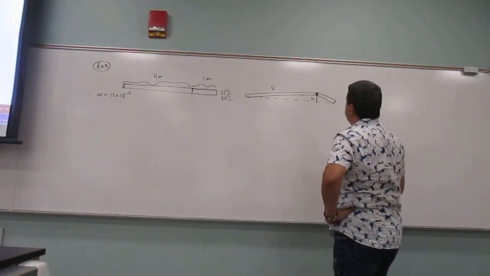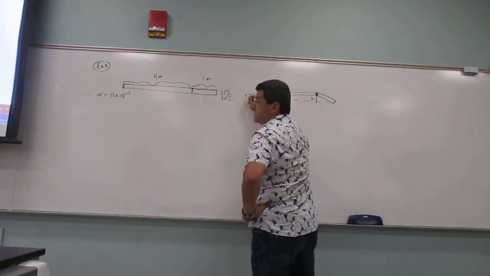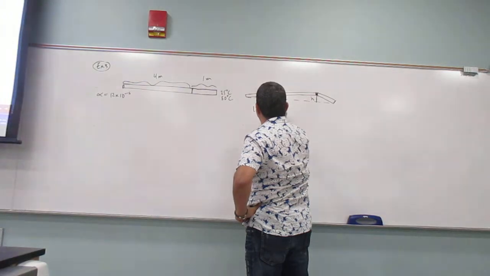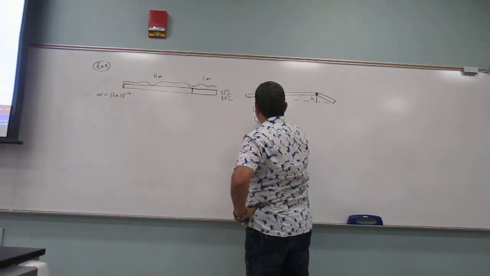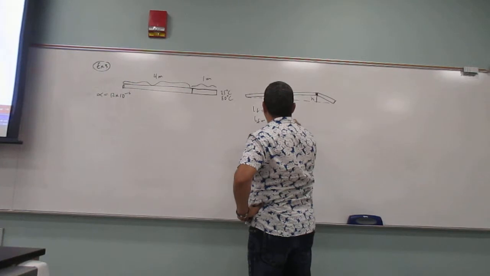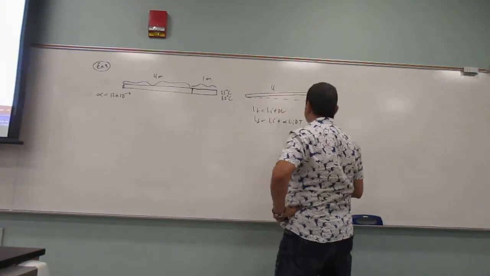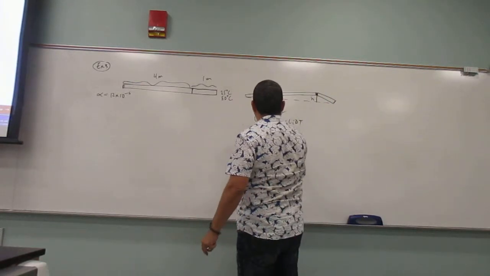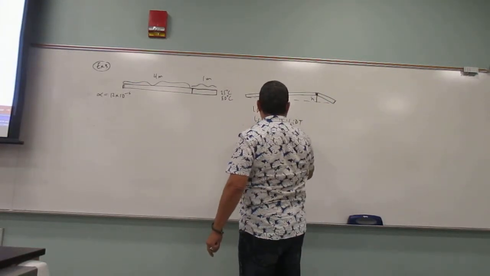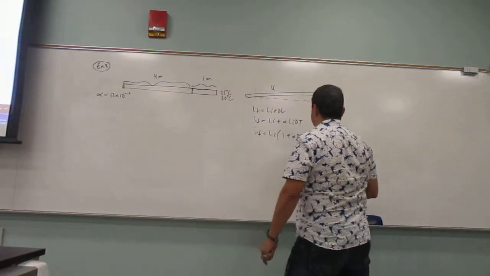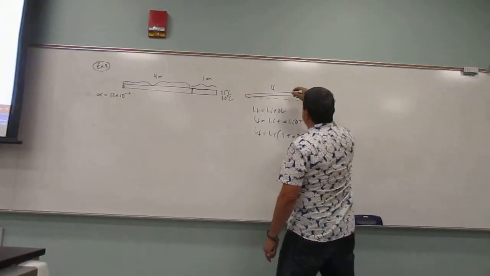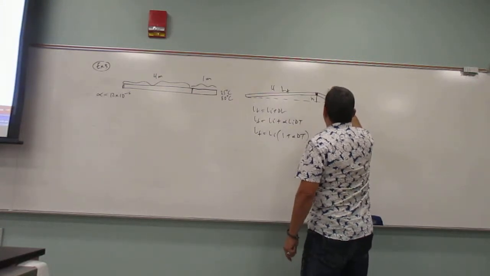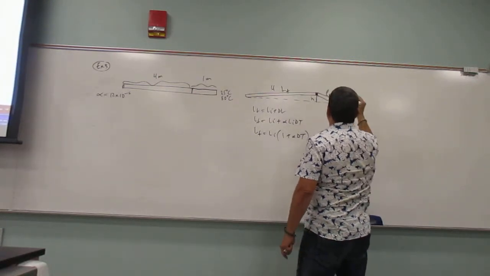So how do we do that one? Here we know that L final is going to be L initial plus delta L, right? And delta L is alpha L initial delta T. So the final length here is going to be L initial (1 plus alpha delta T). Let's call this guy little L final.